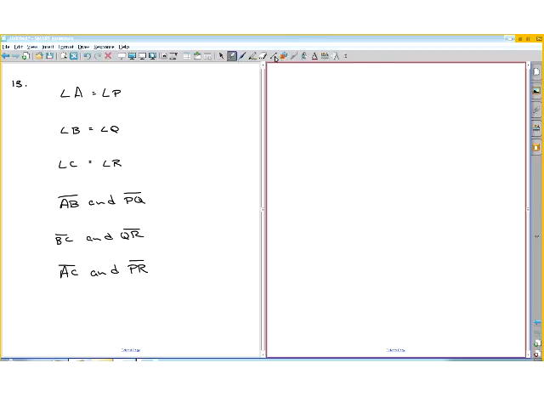Okay, now number 16 is a little bit different because we have these two triangles that are kind of connected. So I'm going to try to draw this. So it's like this, the bow tie goes over here. It's got a lopsided bow tie. One thing we know is that these two are vertical angles, so they're going to be the same.